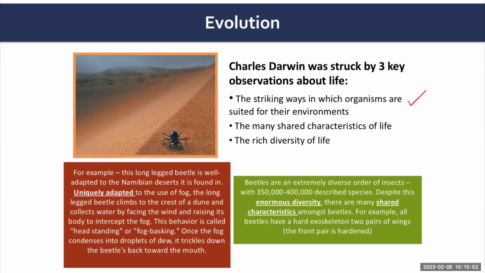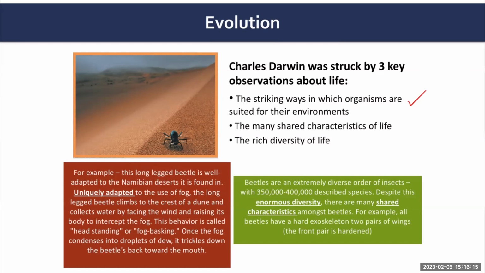So again, just an incredible example of an adaptation, but beetles in particular are a very diverse group of insects. This is just one type of insect, and there's almost 400,000 different described species of beetles. So again, they have these shared characteristics just of beetles, right?